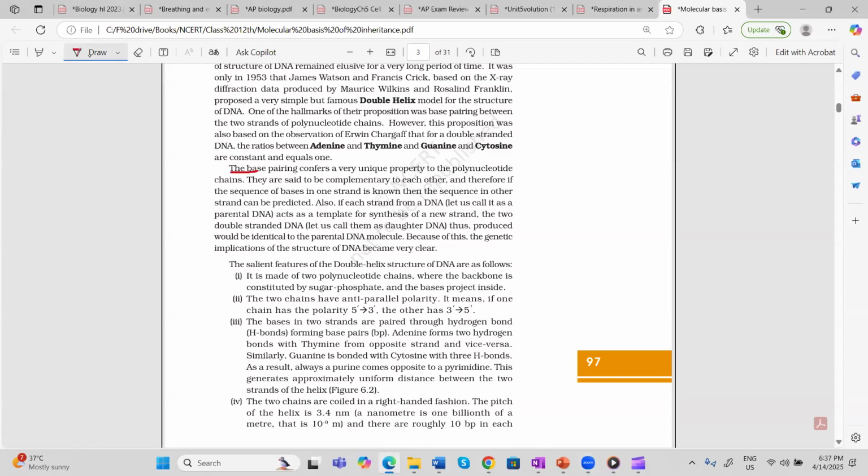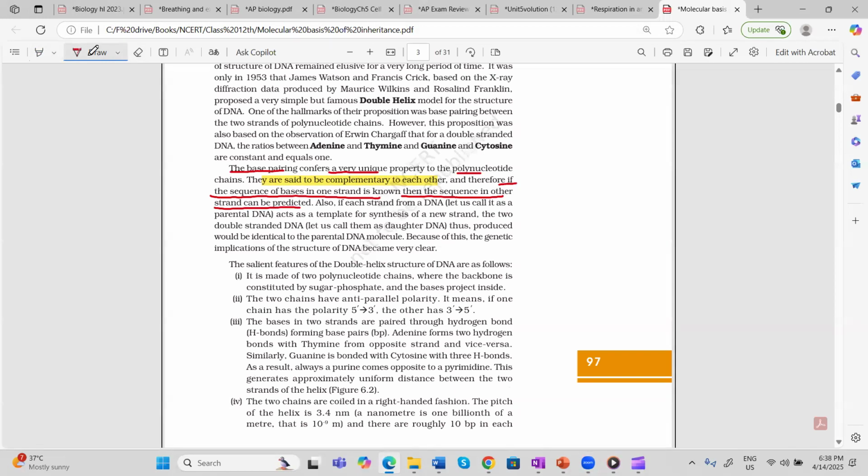Now, base pairing gives a very unique property to the polynucleotide chain. First of all, the strands are complementary to each other. It means if the sequence of bases in one strand is known, then the sequence in the other strand can be predicted.